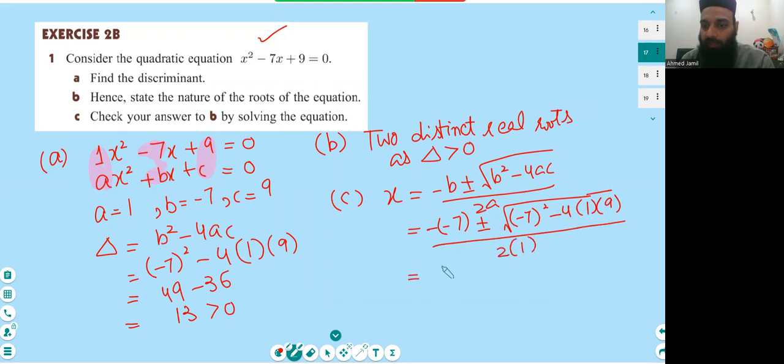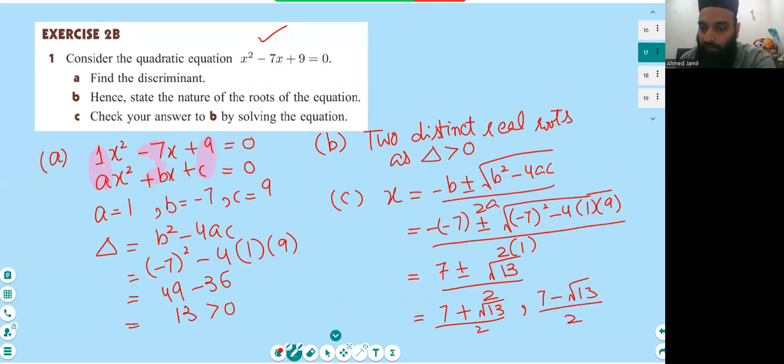So minus into minus is plus 7. And what we are left with is the discriminant. The discriminant was 13, so square root of 13 over 2. One with the positive square root of 13, and the second root with the negative square root of 13, right?